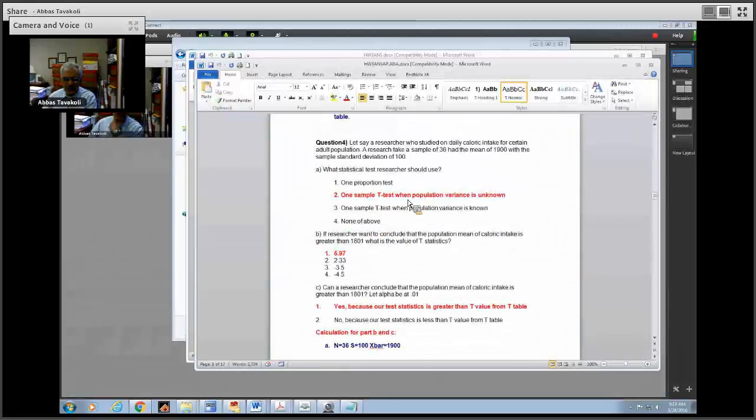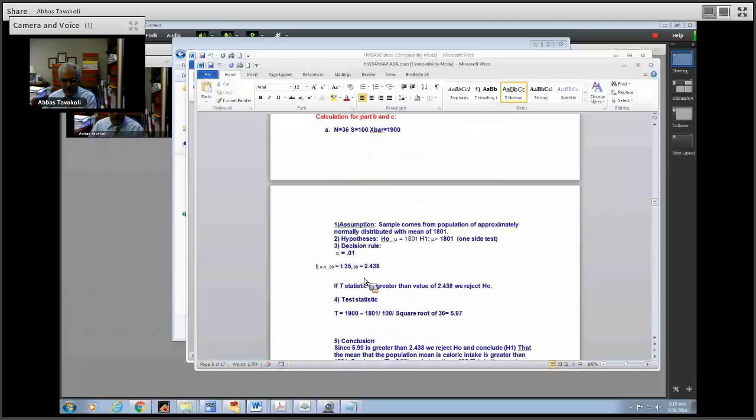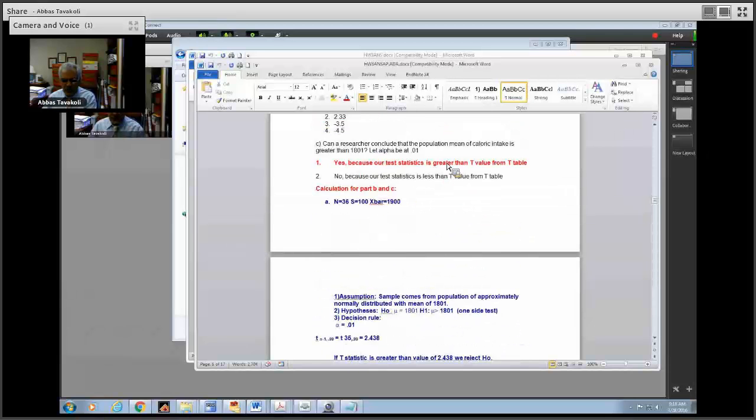For problem 4, you're using the t statistic because you have one sample and your variance is unknown.